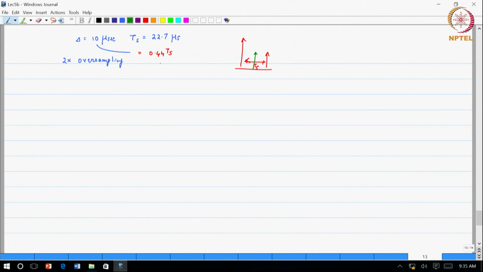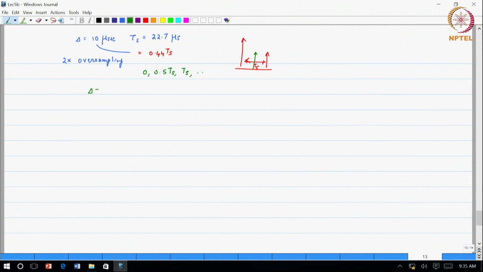2x oversampling means that I can reduce the spacing. So that means I will get samples at 0.5 TS, TS, and so on. Every 0.5 TS I will get a sample. So basically I have increased the sampling rate by a factor of 2. I want to get 0.44 TS delay. I can't get 0.44, the best that I can do is approximate.